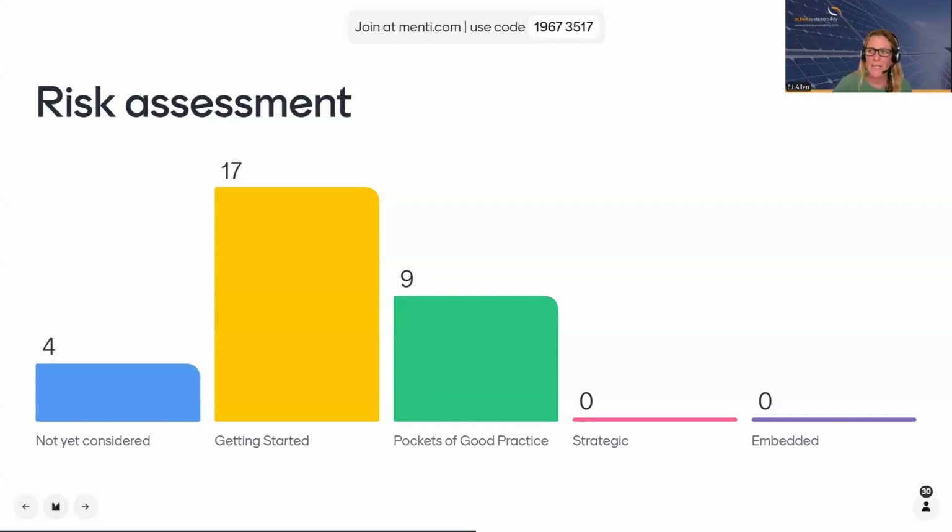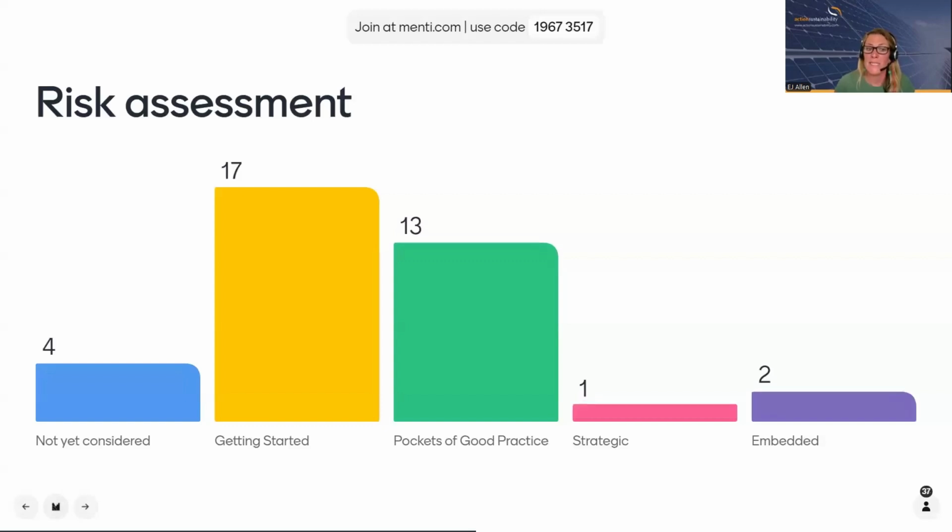Okay. So then if we think about embedded levels, I'd say the risk assessment, when it's embedded, is done systematically and collaboratively. So you involve a wide pool of stakeholders, maybe even peers, thinking about those collaborative groups. You're really proactive in your approach. So for example, if you have categories of spend, let's think back to when the war in Ukraine began.